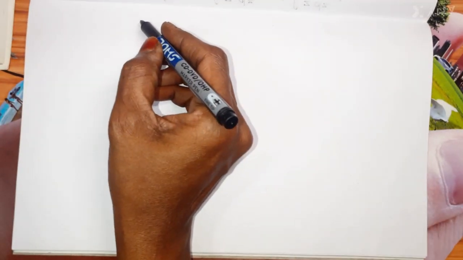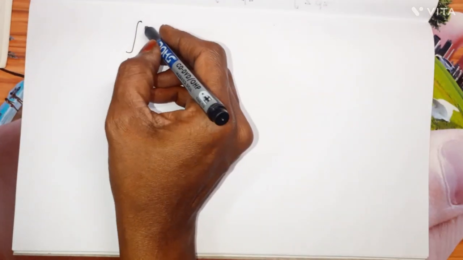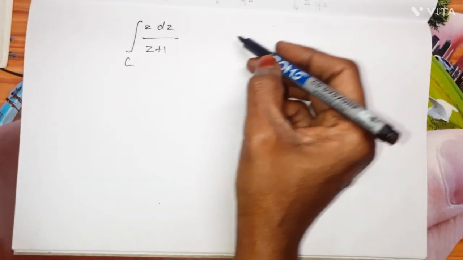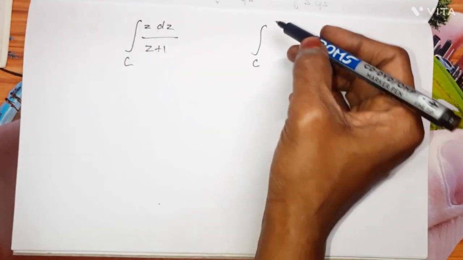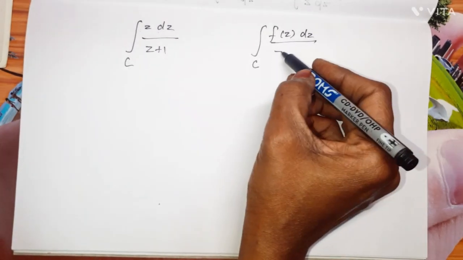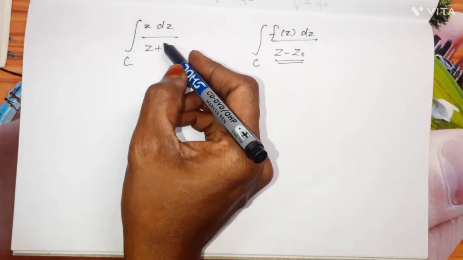Now, let me do the second one. The second one is the integral over C of z dz by z plus 1. The Cauchy integral formula is of the form integral over C of f of z dz by z minus z naught. The term should be z minus z naught.